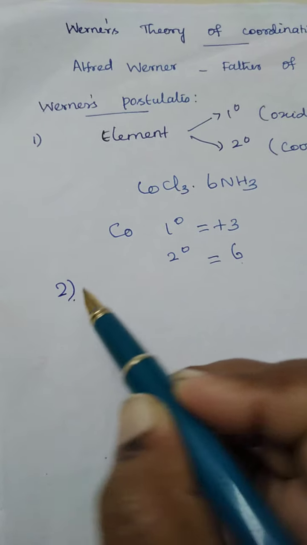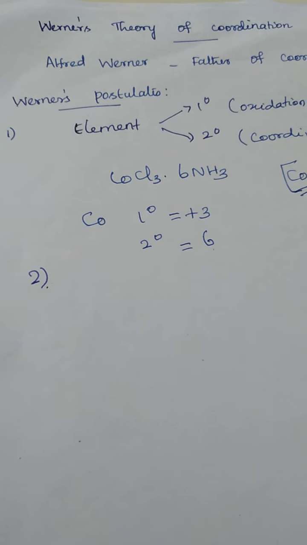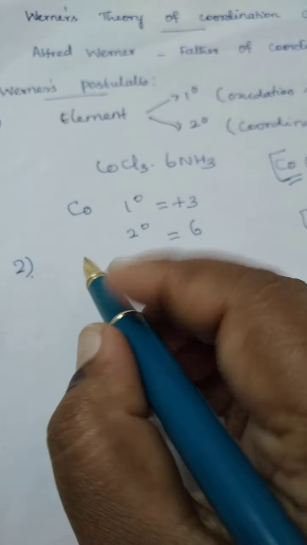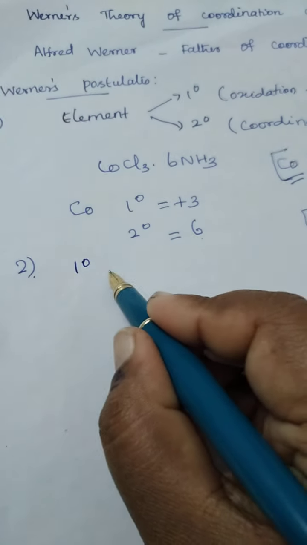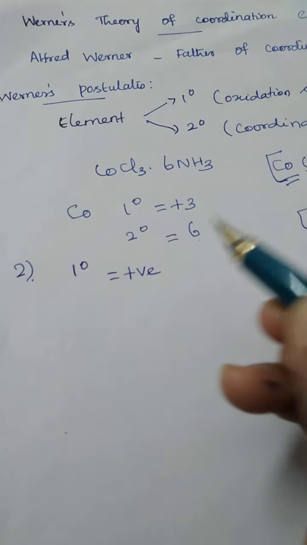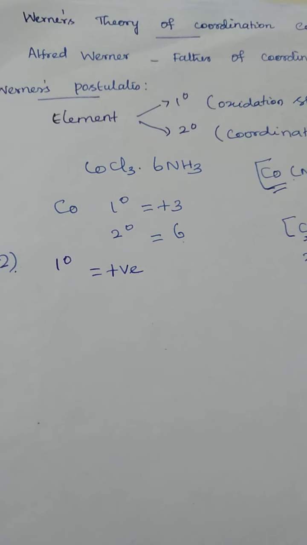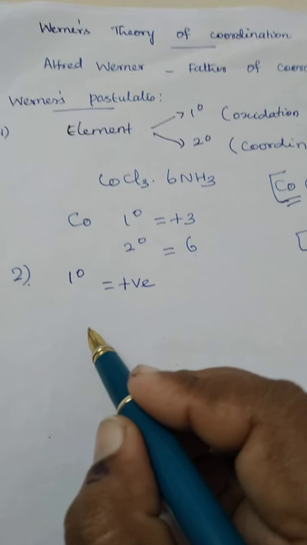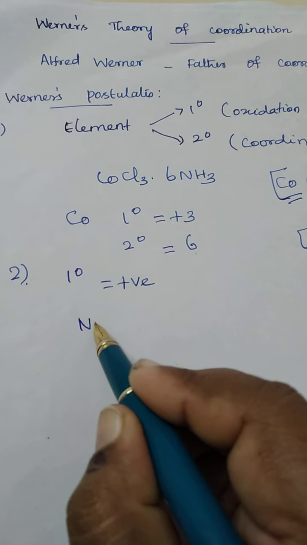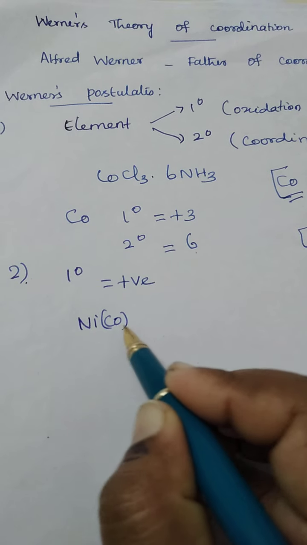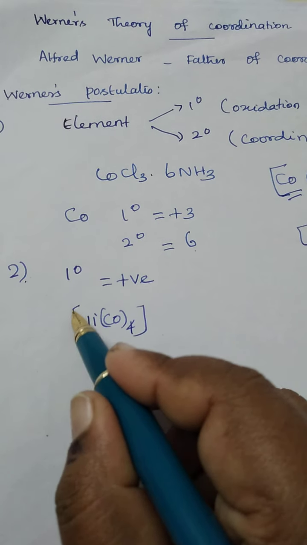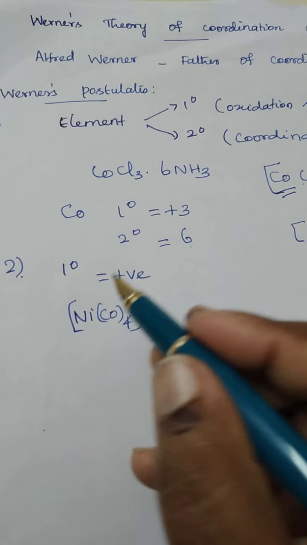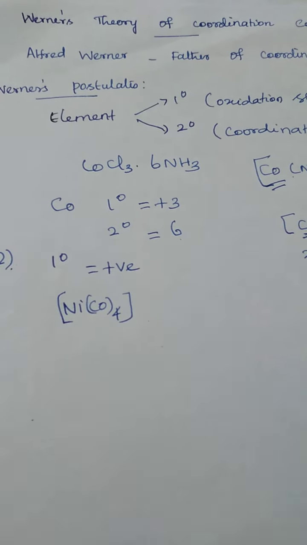And the second point, the primary valency of a metal ion is in most cases positive. In certain cases it can be 0 too. You can take an example which you have studied in the first lesson in metallurgy, nickel tetracarbonyl, where the oxidation state of nickel is said to be 0 because carbonyl is a neutral ligand.